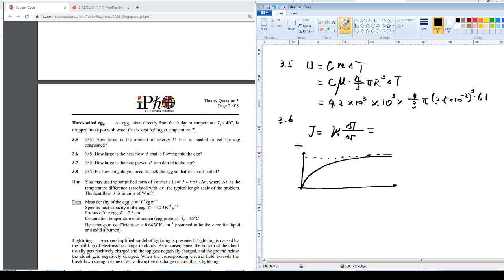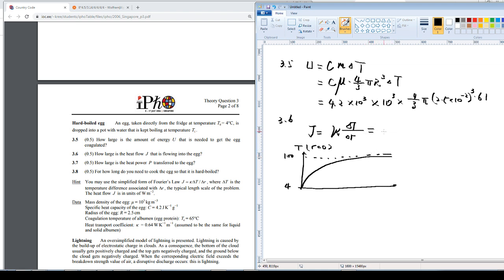If we graph the temperature at the center, it will go from 4 degrees Celsius to 100 degrees Celsius. It's an exponential growth because the rate at which temperature rises diminishes as the temperatures get closer to 100. Exactly, yeah.